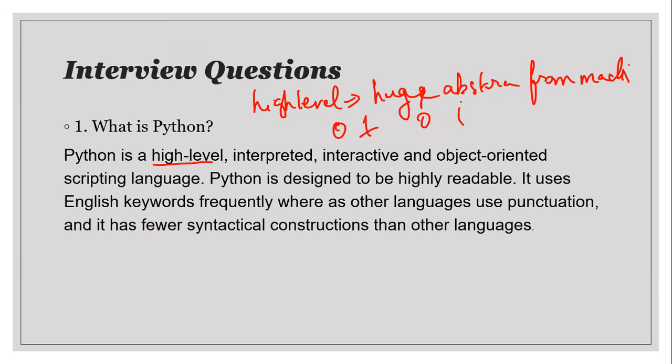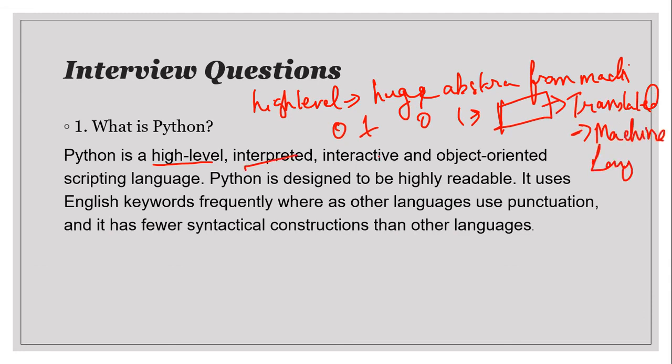So we are writing in a high level language, meaning we are writing in an abstraction, in some form which is easy for a human to understand, and then that form gets translated to machine language. Okay, so that is high level language.